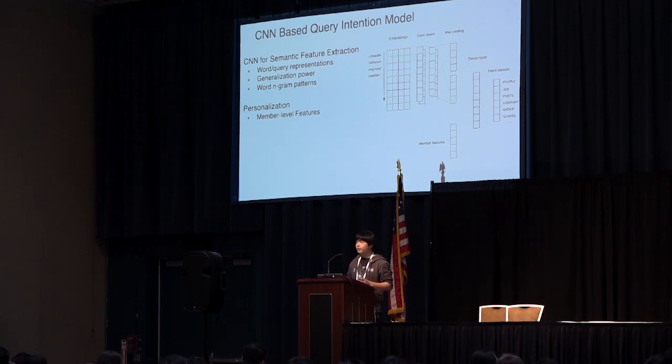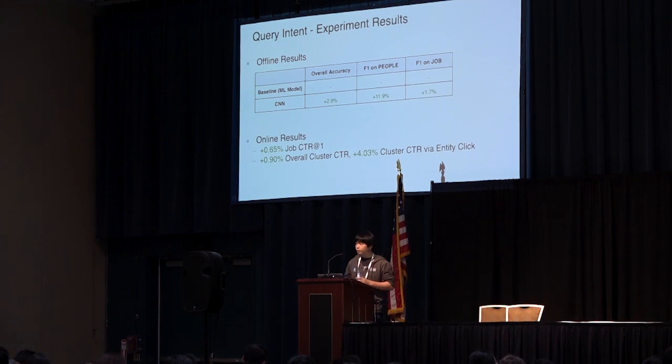So it becomes one dense layer to represent the user's intention with this query. After that, we do applications like intent classification. This actually works well, both online and offline. Offline-wise, we are seeing CTR lift on both job and overall clusters. The baseline is actually a state-of-the-art machine learning model.